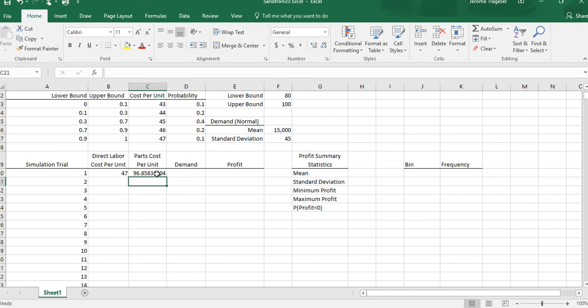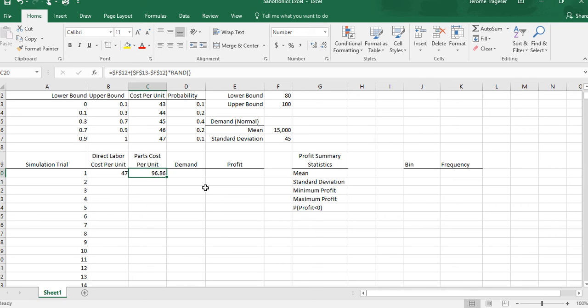Equals, and we can see again, since I made changes, it regenerated my direct labor cost per unit, and now we have decimals in here like we said. We're going to go ahead and take away a few of those to make it a bit easier to read.